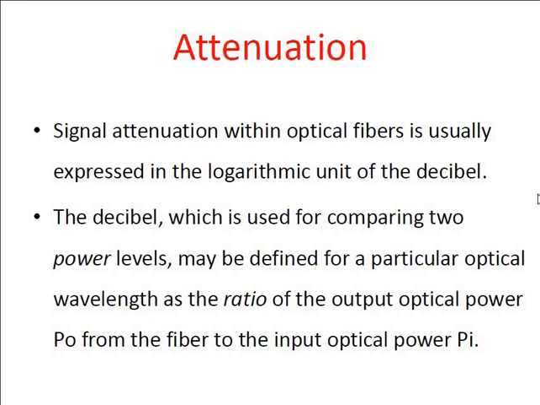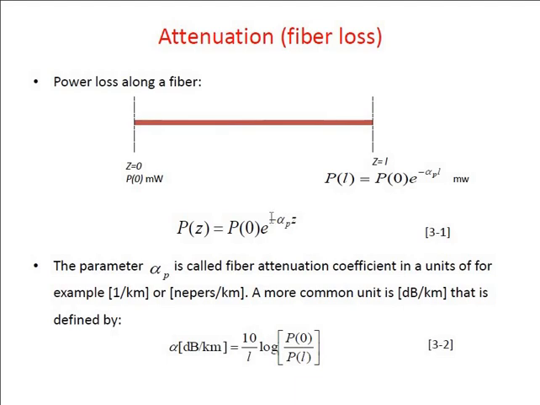Due to this attenuation, it reduces the signal system bandwidth, information transmission rate, efficiency, system capacity, etc. Decibel is used for comparing two power levels. It is the ratio of the output optical power from the fiber to the input optical power. It is given by this equation.